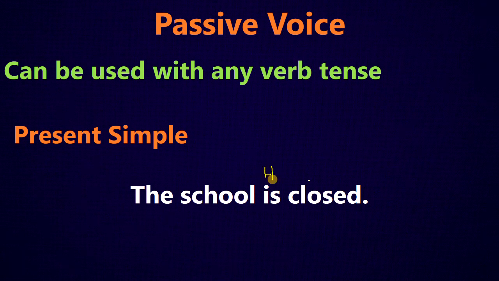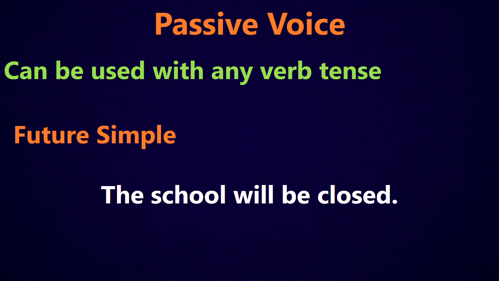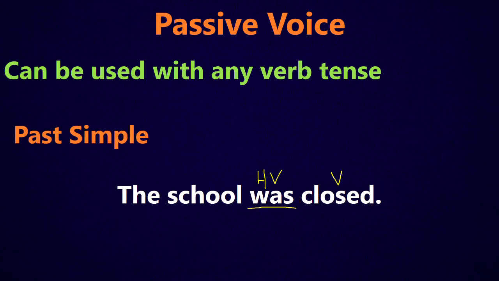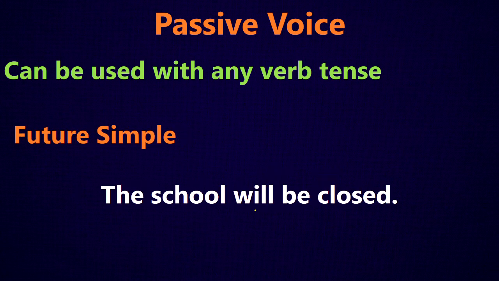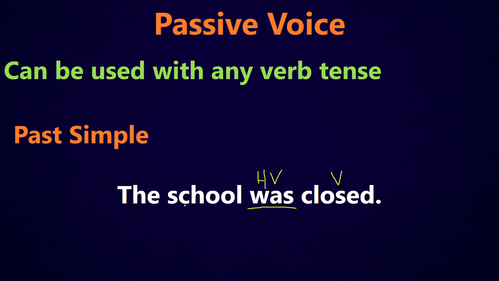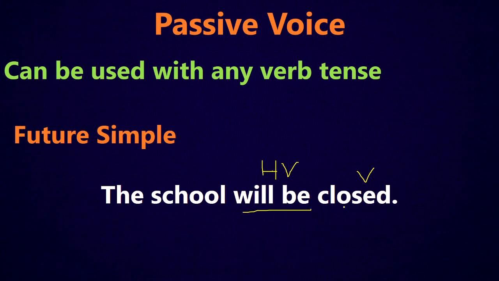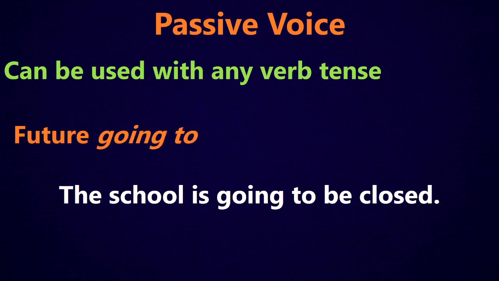Is my helping verb, closed is my main verb. The school will be closed. So you see with each of these, the only thing I've changed is the helping verb in order to change the verb tense. I'm not changing the main verb. The main verb is staying the same. See that? So the school was closed, the school is closed, the school will be closed in the future. The school is going to be closed. So there's my helping verb.